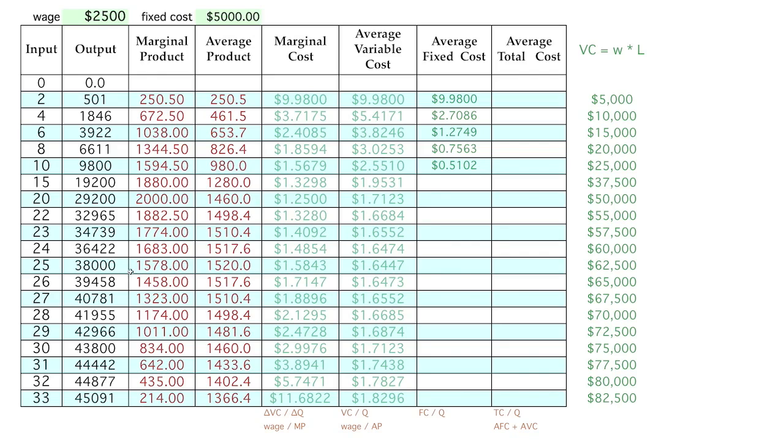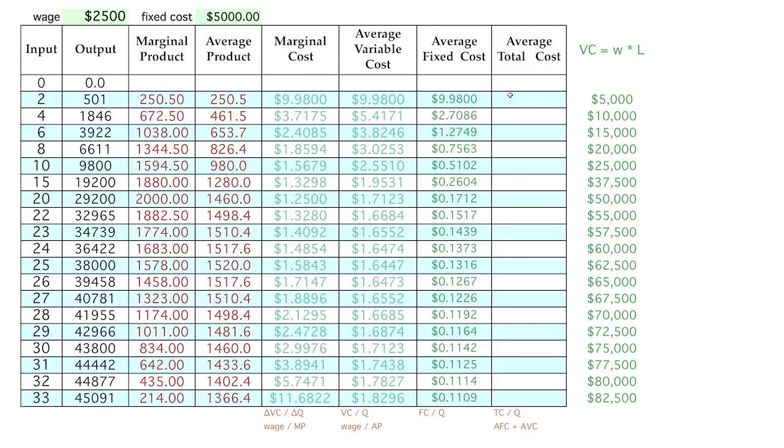If you're making 38,000 units of output, you take the 5,000 divided by 38,000, and you're going to get 0.1316. So as you're doing that math, you will discover for all of these that the average fixed cost is going down as you make more units of output because you're dividing this $5,000 by bigger amounts of output, because that's what the formula is.